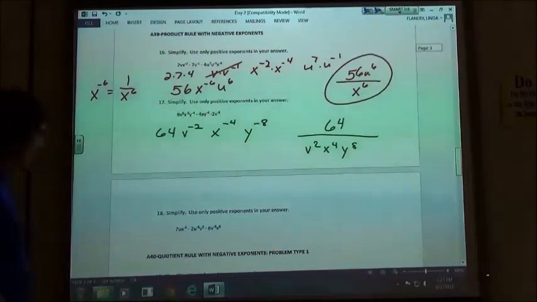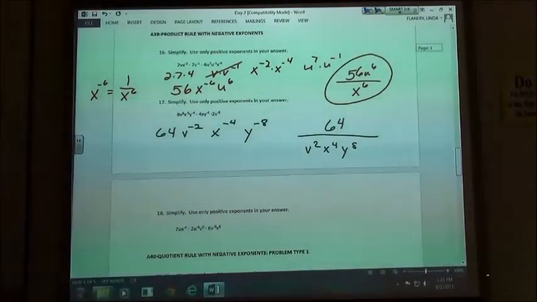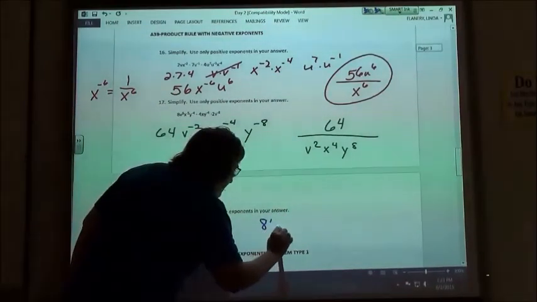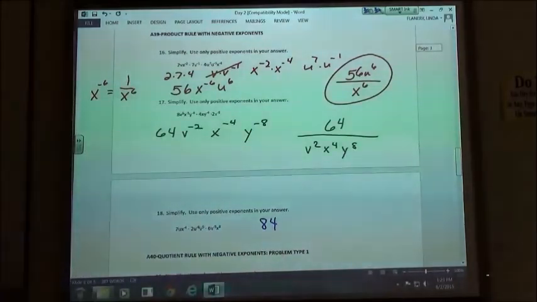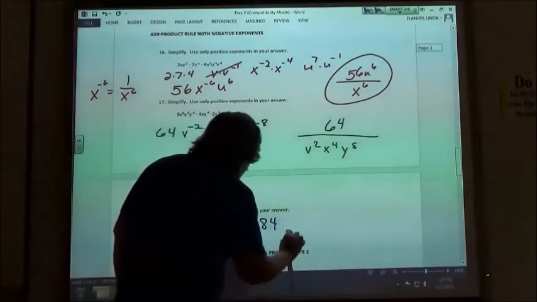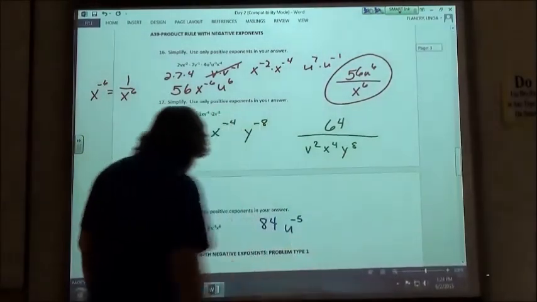If we multiply on number 18, 7 times 2 times 6 is 84. And I'm going to get u to the negative 5, because I have 1 minus 6 is negative 5.